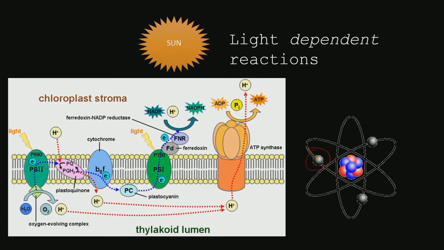Okay, so light energy strikes, okay, wait, 1 second. So there are these two structures called PS1 and PS2, or photosystem 1 and photosystem 2. Basically, these are the things that capture or absorb the light energy and send off electrons to do various things.